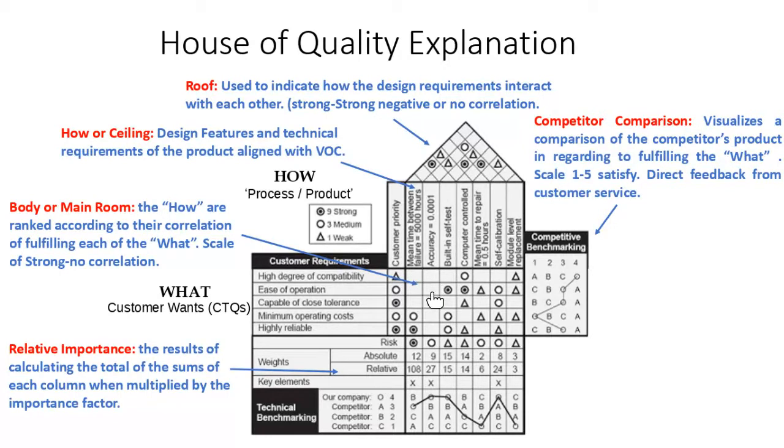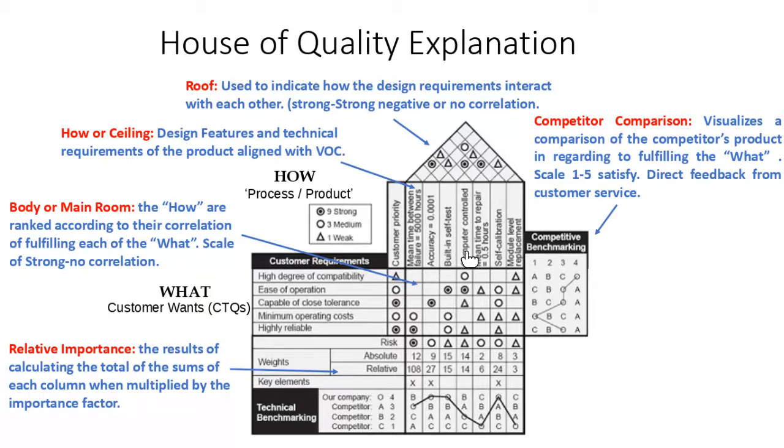But if there is no symbol, that means there is no relation. The triangle here shows a weak correlation. For example, the computer controlled feature, compared to the same customer requirement, the capability to close the tolerance, has a weak relation between them. And the medium is the blank circle.